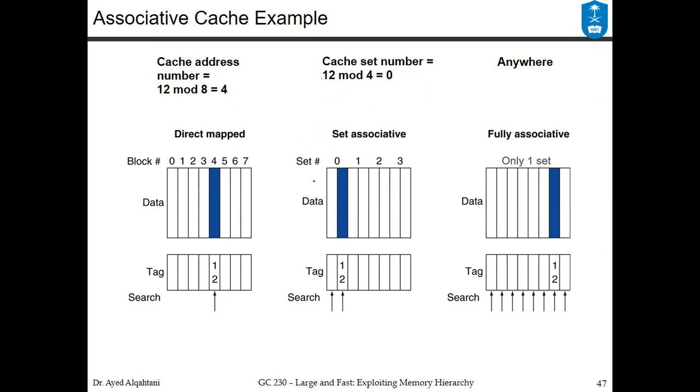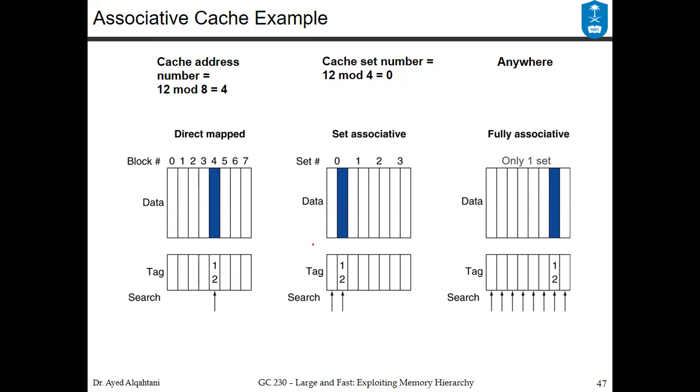So if the block address is 12, you say 12 mod 4, because now you have 4 sets, and this is equal to 0. So it's in set 0, and you have 2 locations. If you are writing a data into the cache, either you choose this place or this place. Both are equivalent because they are contained by the same set.